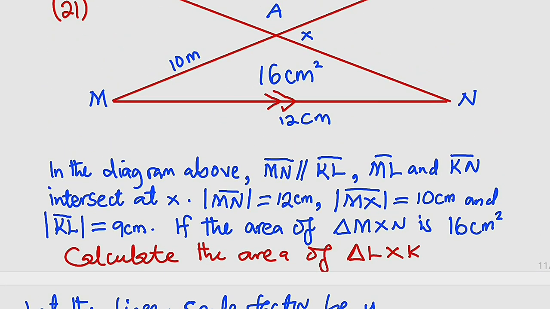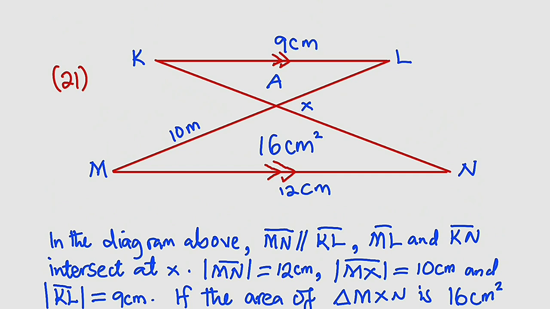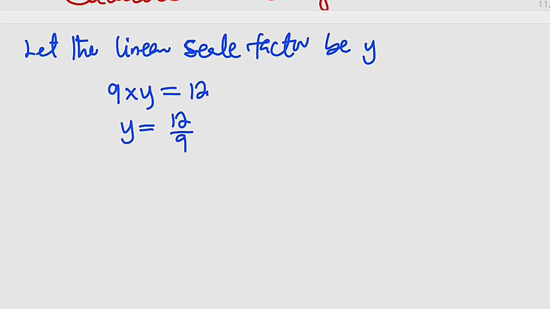Then there is what we call area scale factor. If we find that area scale factor, then multiply by this small area, it will give us the big area, definitely. And we can find that from the linear scale factor.